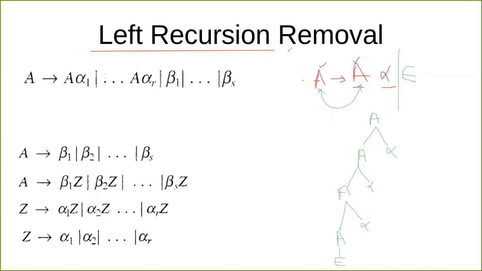And why do we have to remove the left recursion? If there is a left recursion in our grammar, the parsing would take extra time in comparison to a grammar which doesn't have left recursion. So for the sake of efficiency, we have to remove the left recursion. Now, what is the process of removing left recursion?